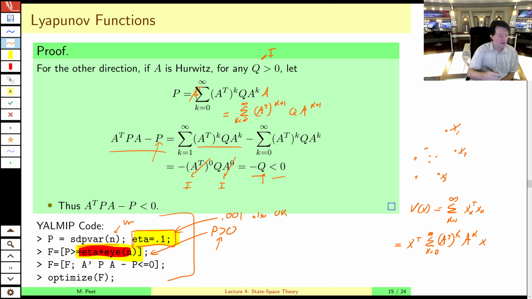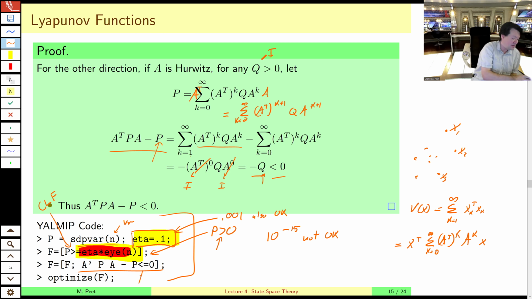So probably 10 to the negative 15th is not okay because it can't really tell the difference between that and 0. But negative 3 is fine. So this makes it a valid candidate Lyapunov function. And then we have our second LMI here, which makes it decreasing.